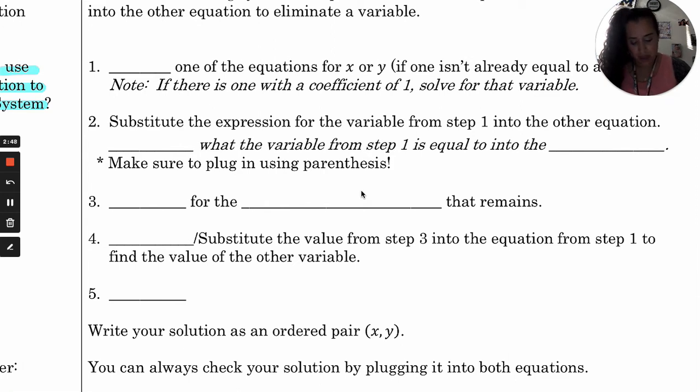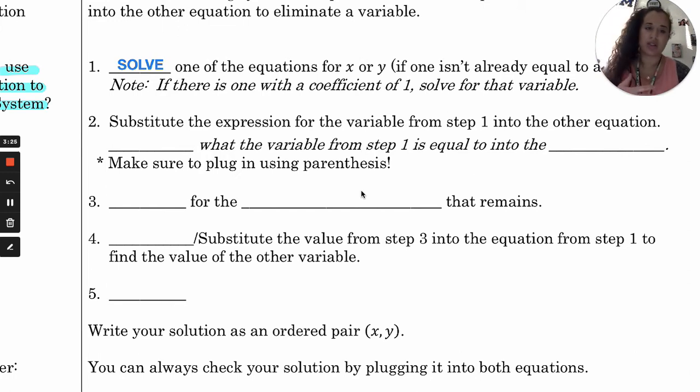Step one, we're going to solve one equation for x or y, if one isn't already equal to a variable.